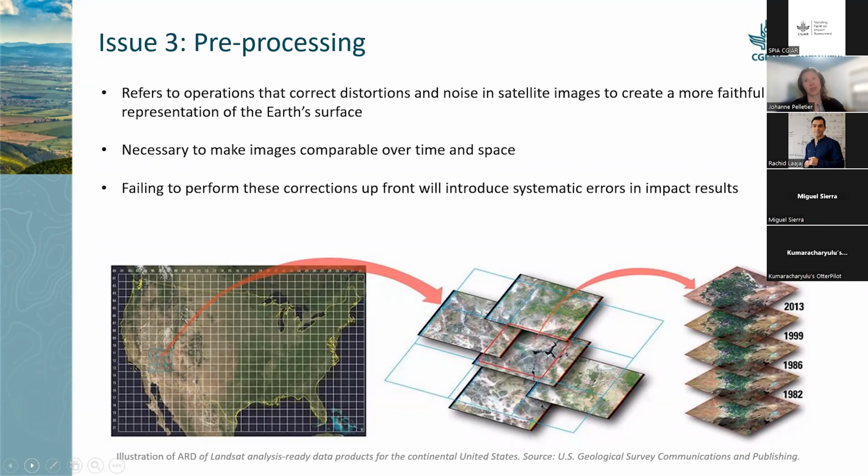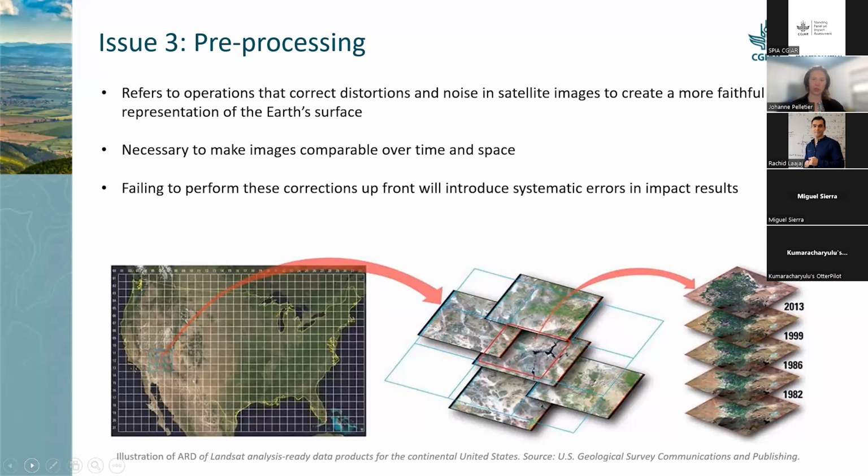Another issue is about preprocessing. Preprocessing is an operation that will correct distortion and noise in an image in order to make it more useful for the user. So it's very important to do these pre-processing steps for the imagery in order to make them comparable over time and in space.